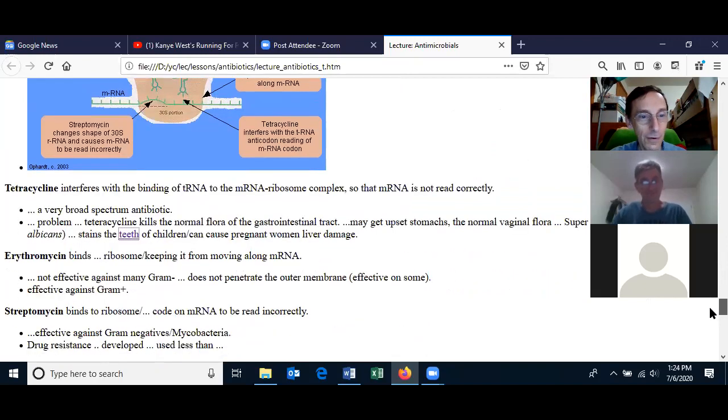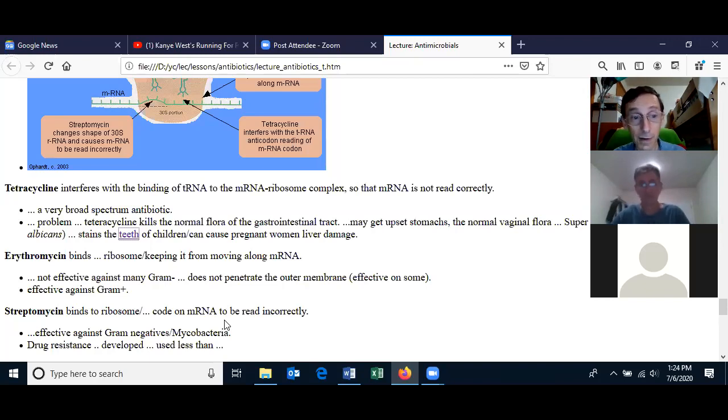You just need to know that it's effective on some gram-negatives, but not all of them. On some of the gram-negatives, why it doesn't get in is because of the outer membrane of the gram-negative cell. At least some species of gram-negatives prevent the erythromycin from getting through that outer membrane.